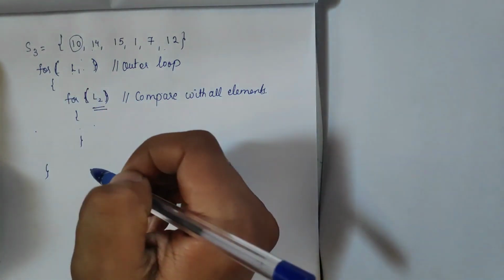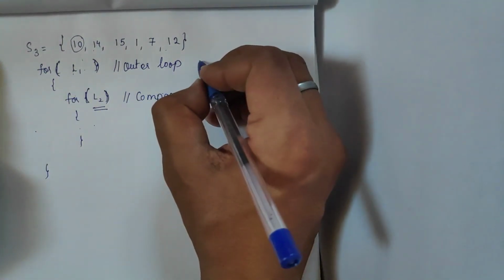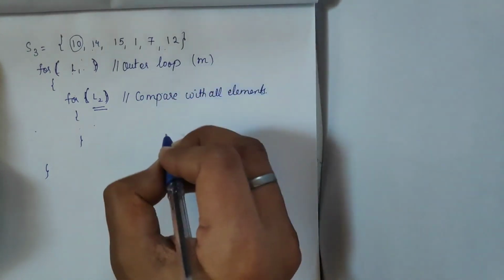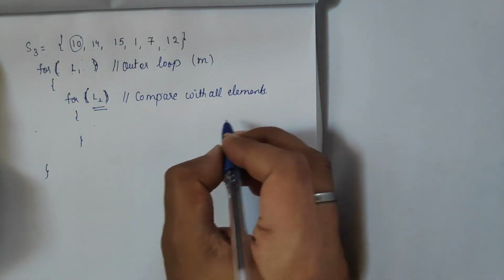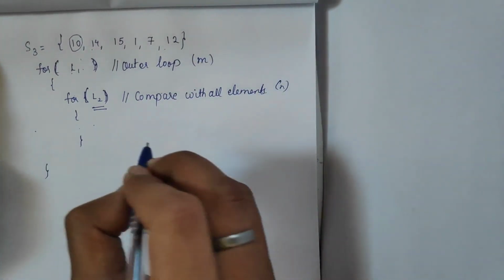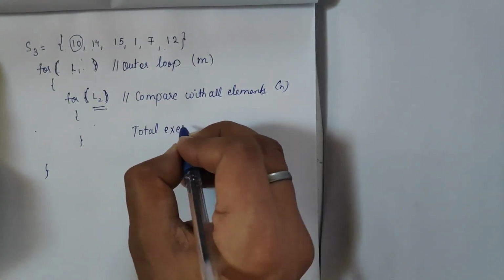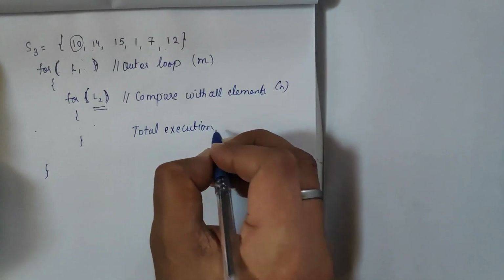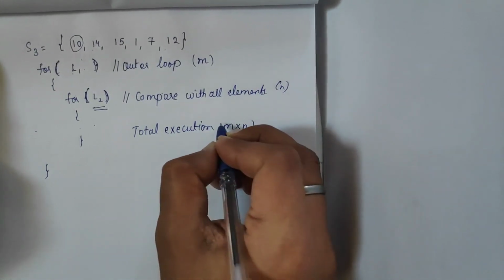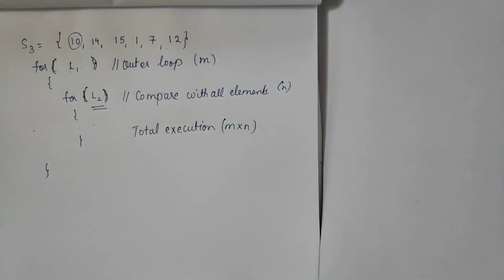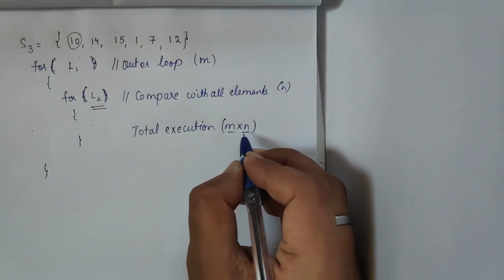So as you know, for loops, if the outer loop runs m times and the inner loop runs n times, the total number of executions will be m into n. Remember the standard: if there are n for loops, it will be a into b into c into d up to n. So this is a very huge number.